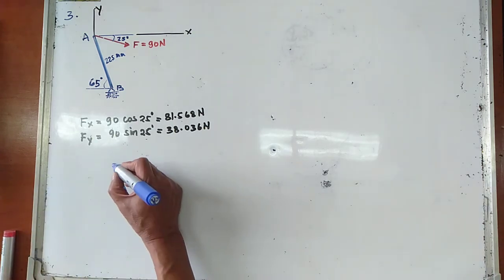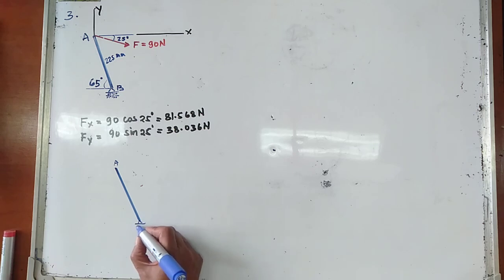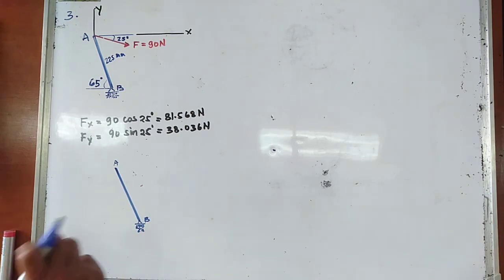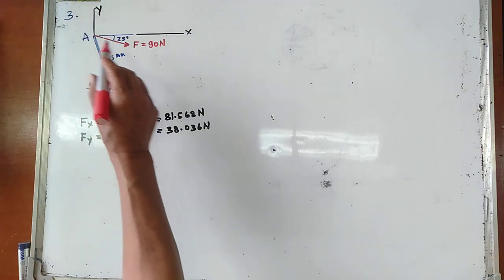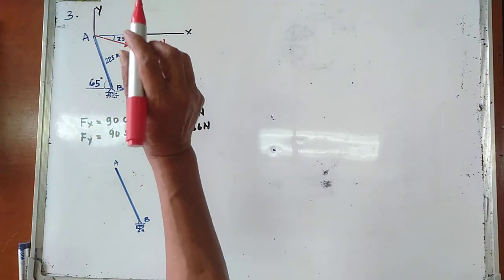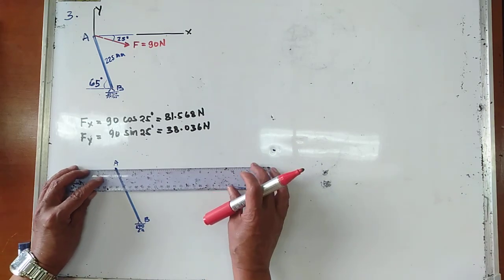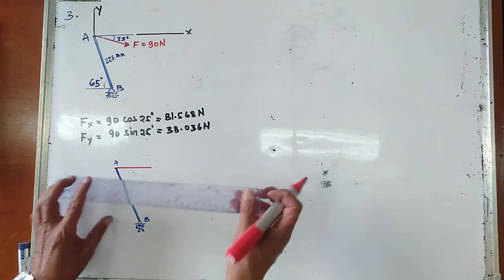This is now your point A, and this is your point B. So I'm now going to resolve at point A. So your Fx is going to the right, and Fy is going downward.